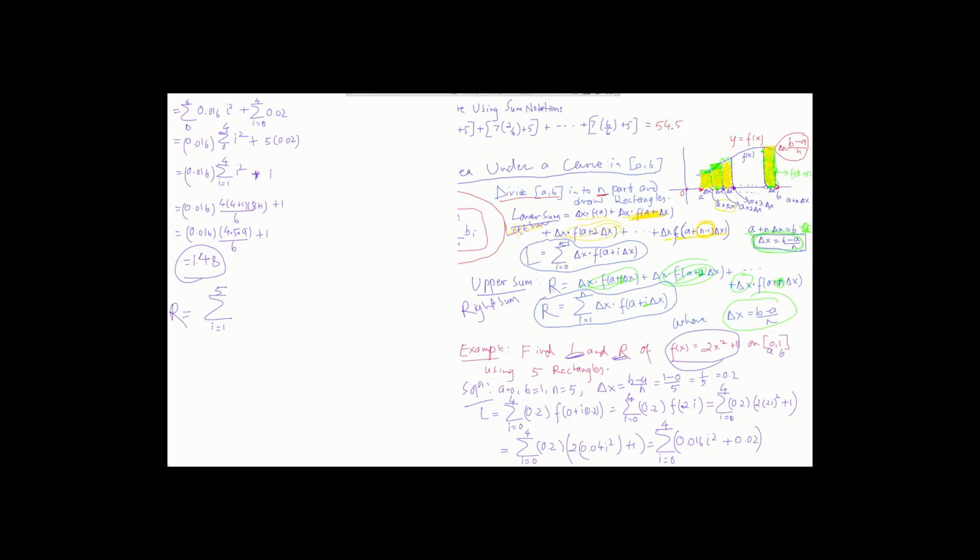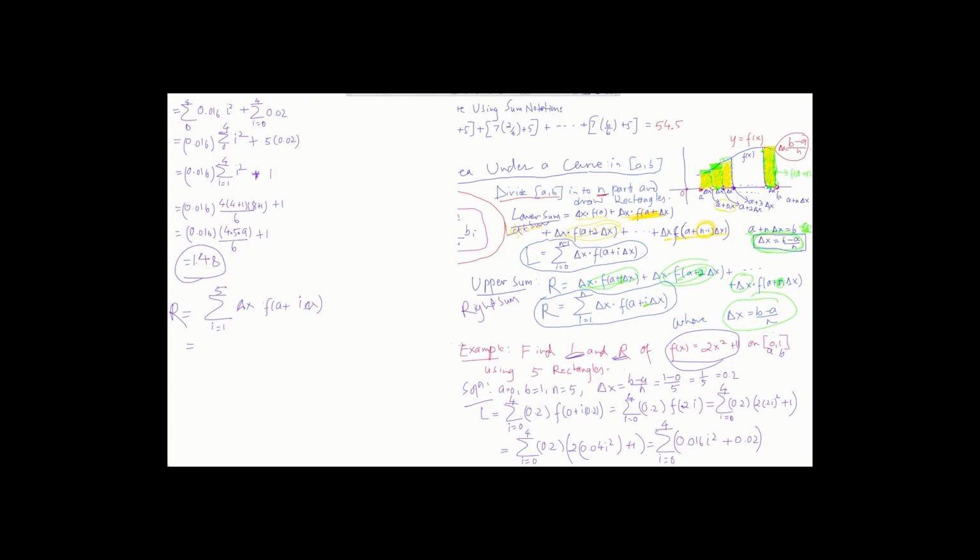But here it is starting from 1 through 5, right? And the formula is delta x times f of a plus i times delta x. Okay, this is similar to the previous one, except we start from 1 and then go through 5.